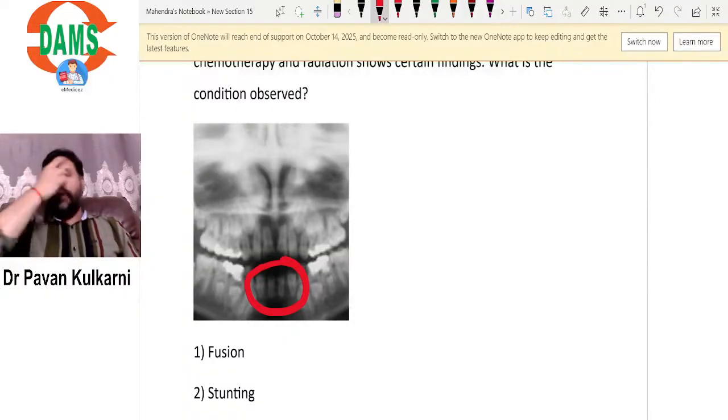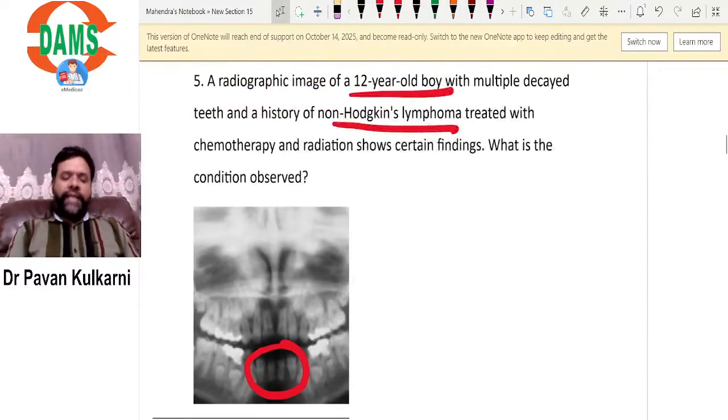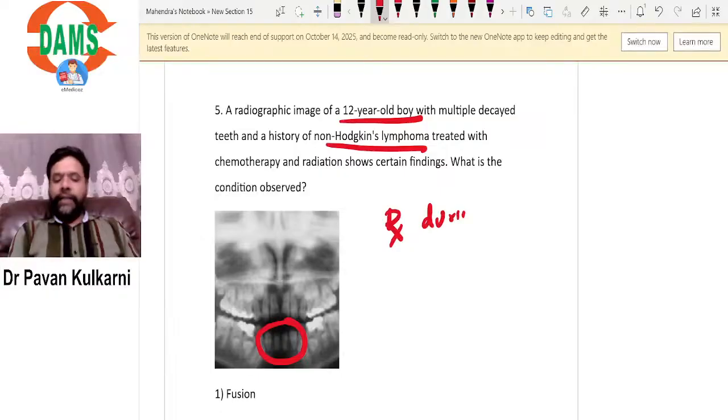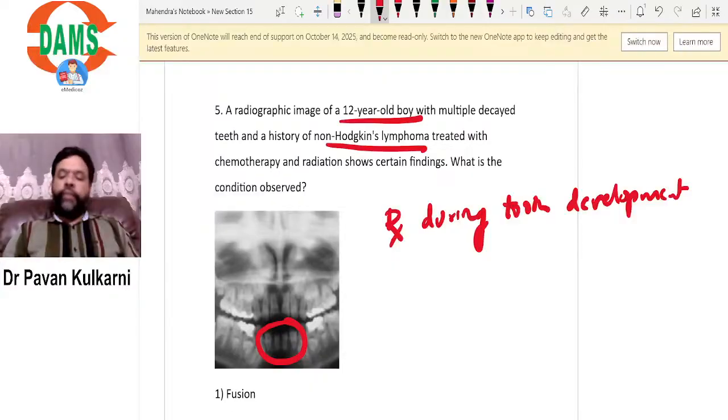The size of the crown and roots have shortened here. Why? That is because of the treatment done during tooth development. Because of the non-Hodgkin's lymphoma, the patient was treated with radiation and chemotherapy, so the teeth which were developing at that time showed the abnormality.